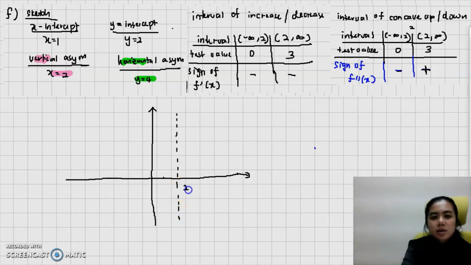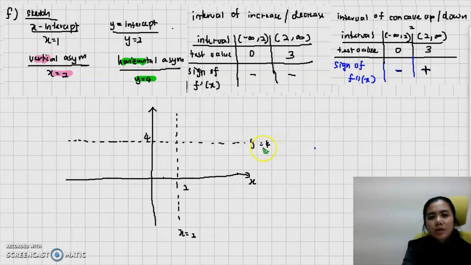So that is x equal to 2. And we have y equal to 4. So y equal to 4 is, let's say, roughly here. So just focus on the vertical and the horizontal asymptote first.